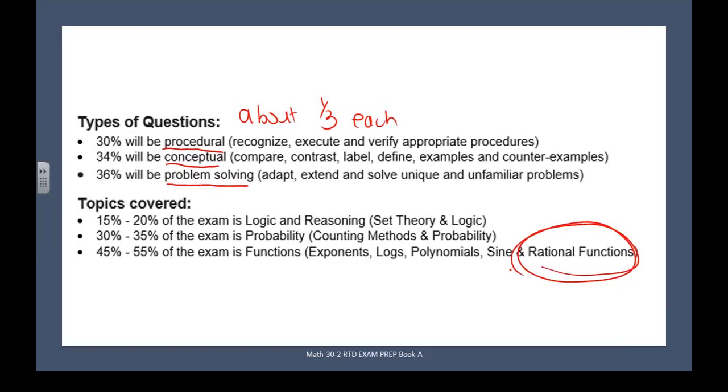About 1/3 of the exam is your probability, like your counting methods, permutations and combinations. And then we have the last section, which is your logic puzzles and your set theory, which are your Venn diagrams. So that's what is going to be covered on the diploma and the weighting of each one.